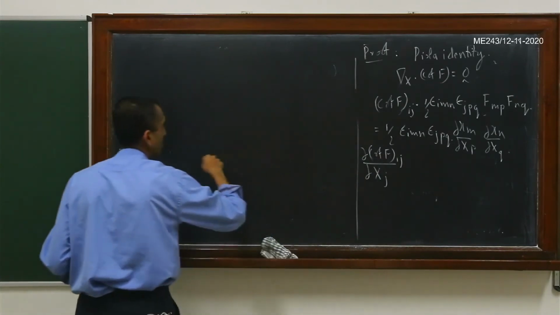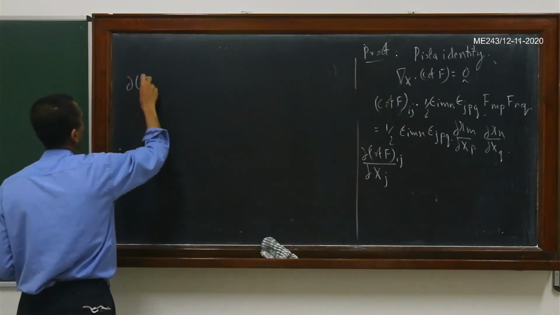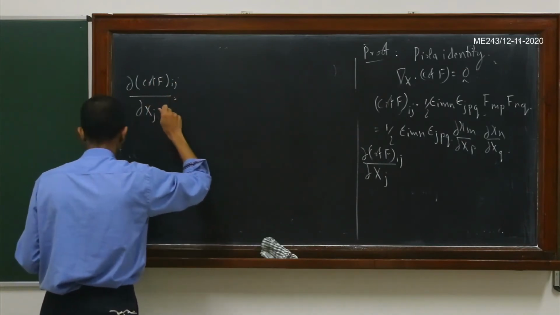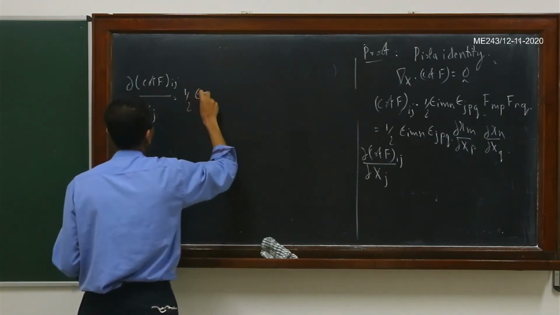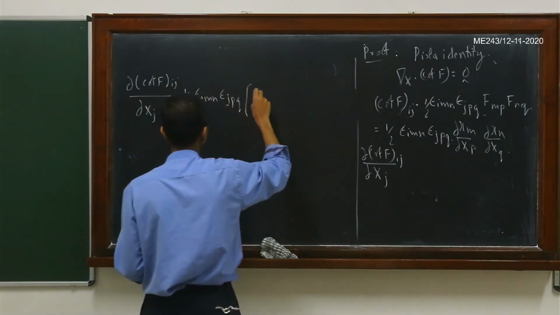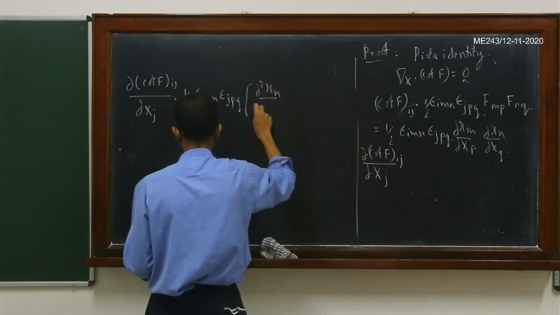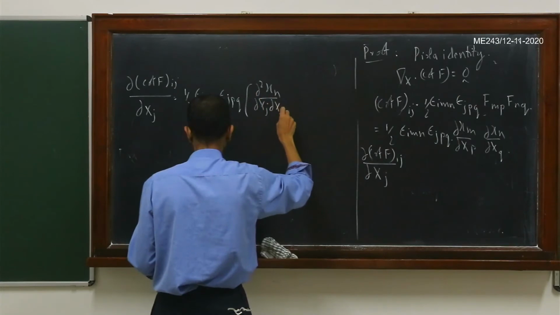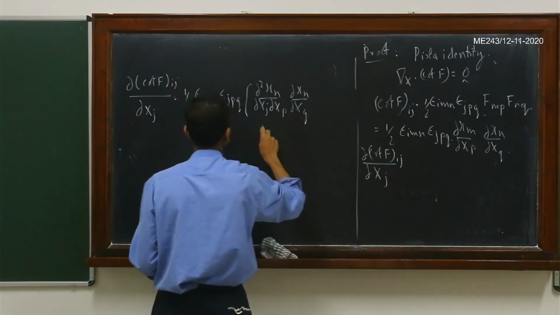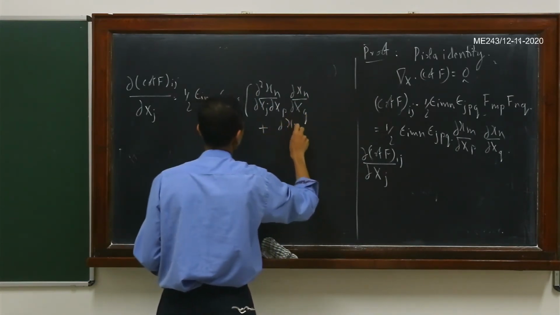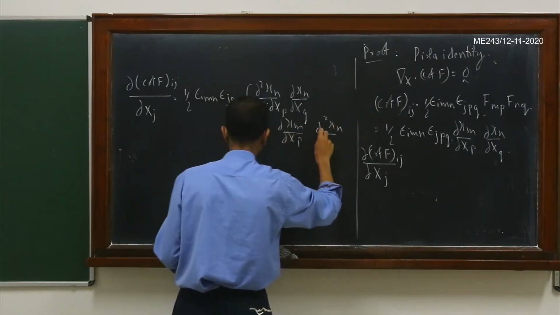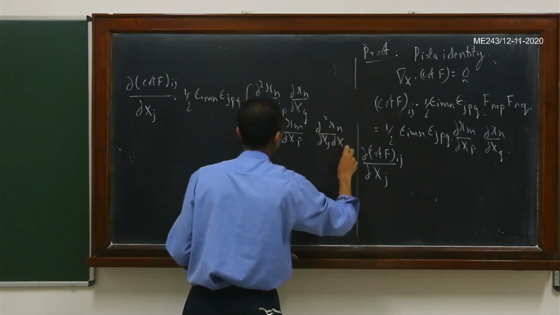So del of cofactor F ij by del Xj is equal to half of epsilon imn epsilon jpq times del square chi m by del Xj del Xp del chi n by del Xq plus del chi m by del Xp del square chi n by del Xj del Xq.